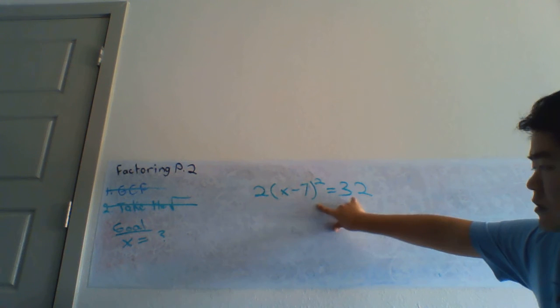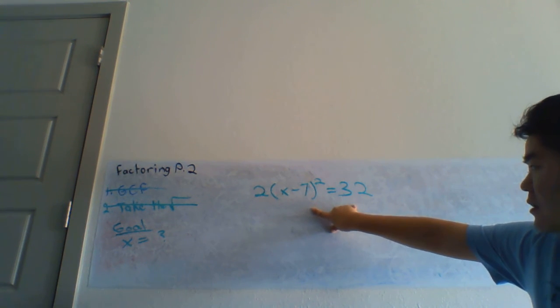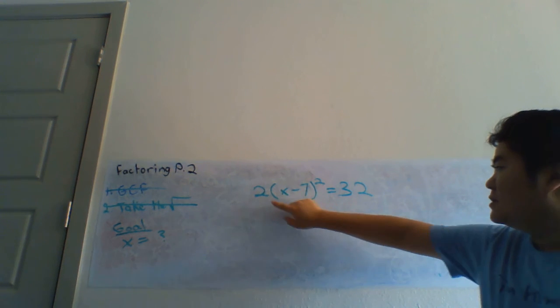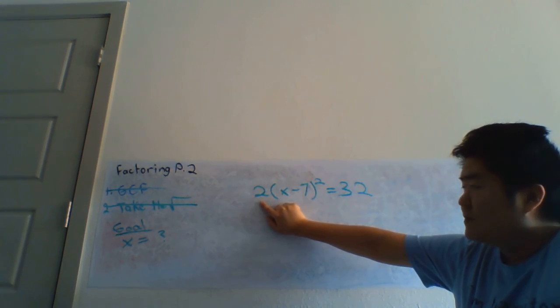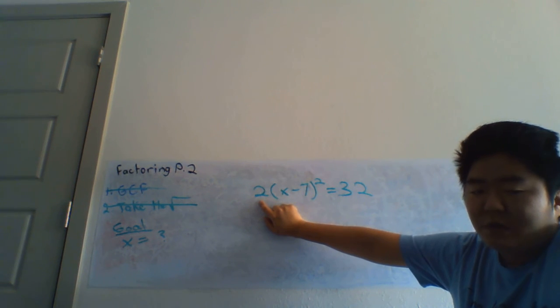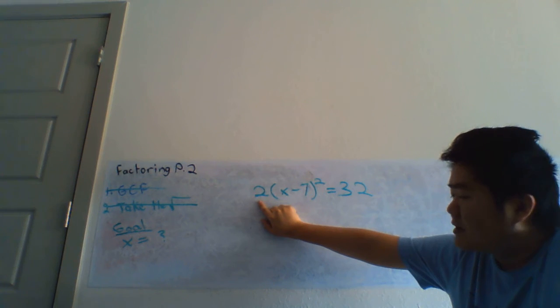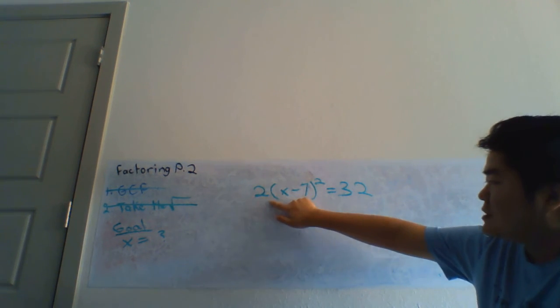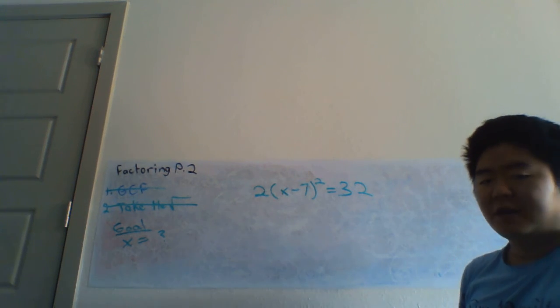Before, we took the square root right away. But if you see, the first problem didn't have a number in the front here. That's why we were able to take the square root right away. But since there's a number in front here, it's 2 times this, I have to do the opposite of that.